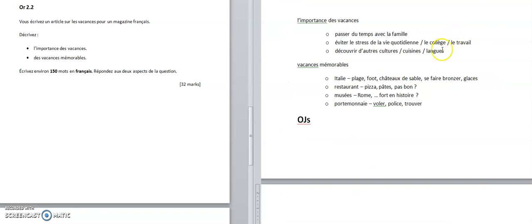So my plan would look something like this. I'd want to write the bullet points down. Maybe I'd put them in English to remind myself, although it's fairly straightforward what those mean.